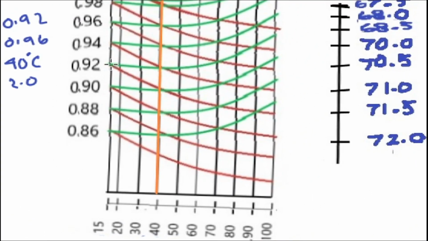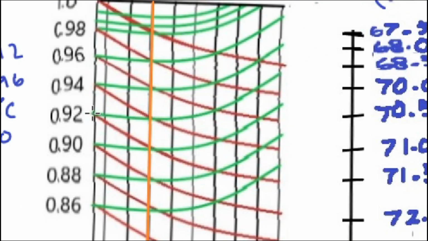Firstly, we will trace the falling curve to this point. Next is to draw a parallel line from this point where it met the separating temperature line, right up to the line for the 100 degrees Celsius.